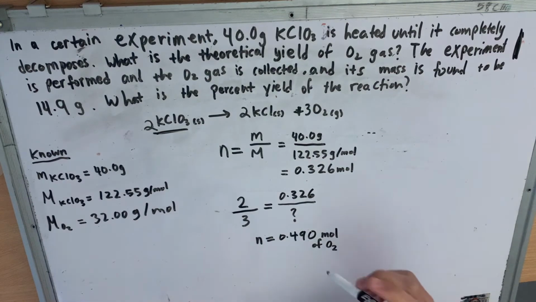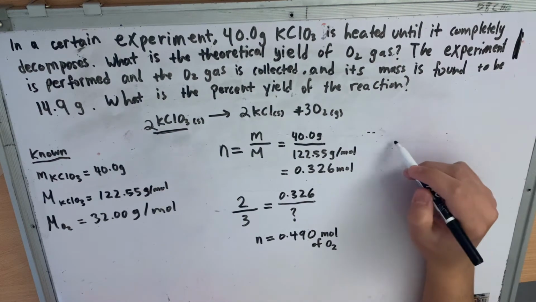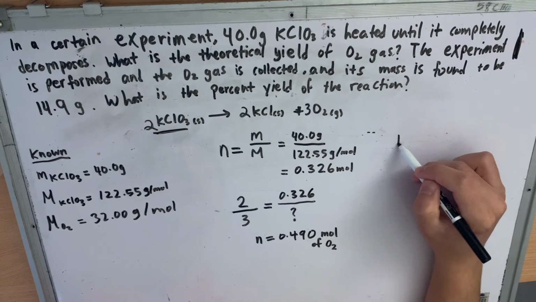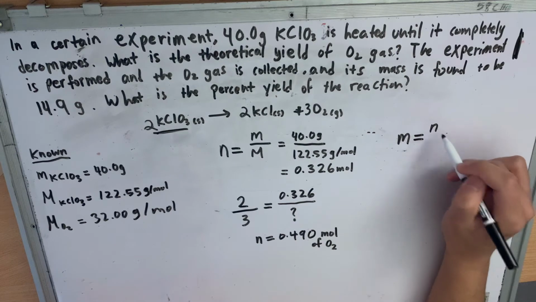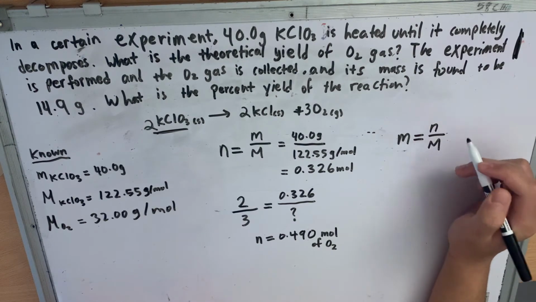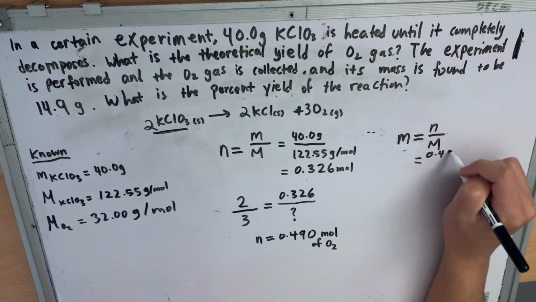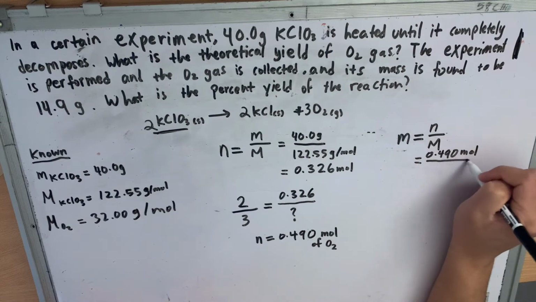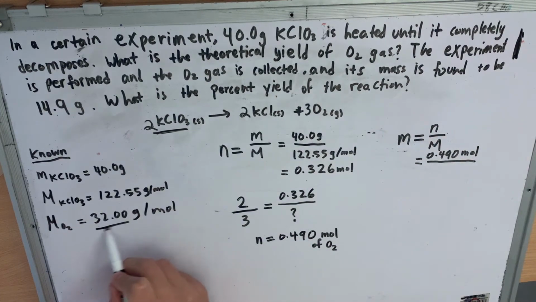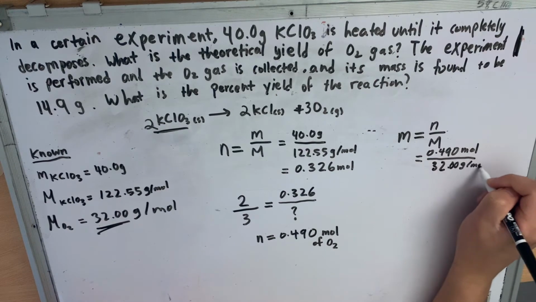Now we use these moles to find the mass of oxygen. So now we'd have to use this equation: mass equals moles times molar mass, which refers to the 0.490 moles of oxygen and the molar mass, which is 32.00 grams per mole.